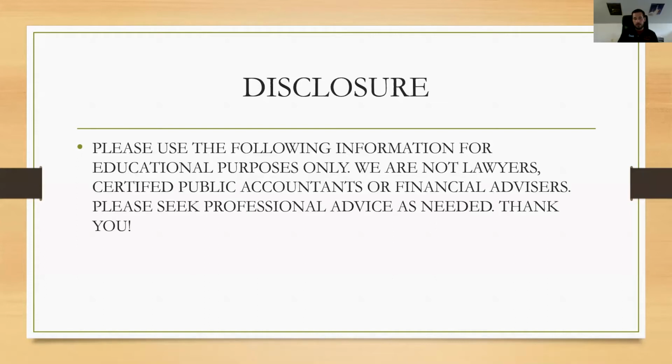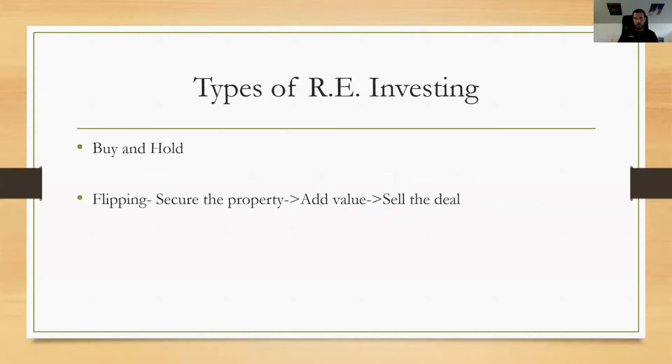And if you need advice on how to move forward, find somebody that is educated in that field. So types of real estate investing, I like to look at it as there are the primary colors.